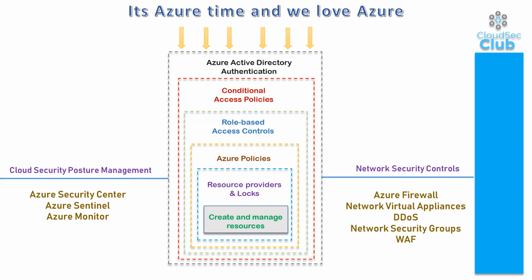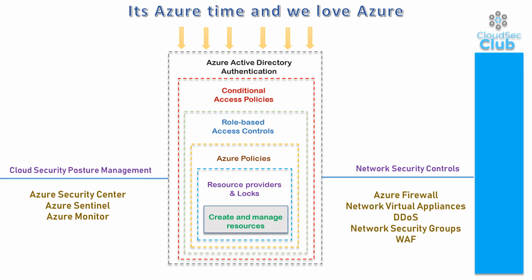The first line of defense on the top is of course Azure Active Directory authentication. It needs to be authenticated, and if MFA is configured, the identity will have to present the multi-factor tokens. The second line of defense is the conditional access policies.